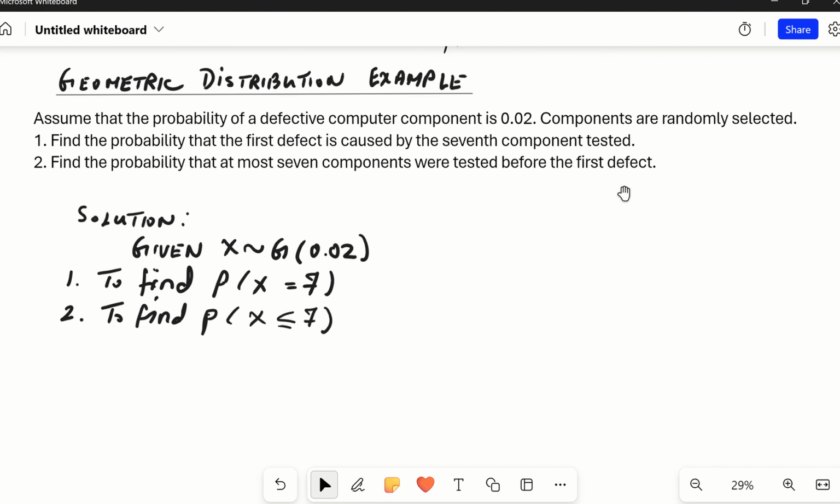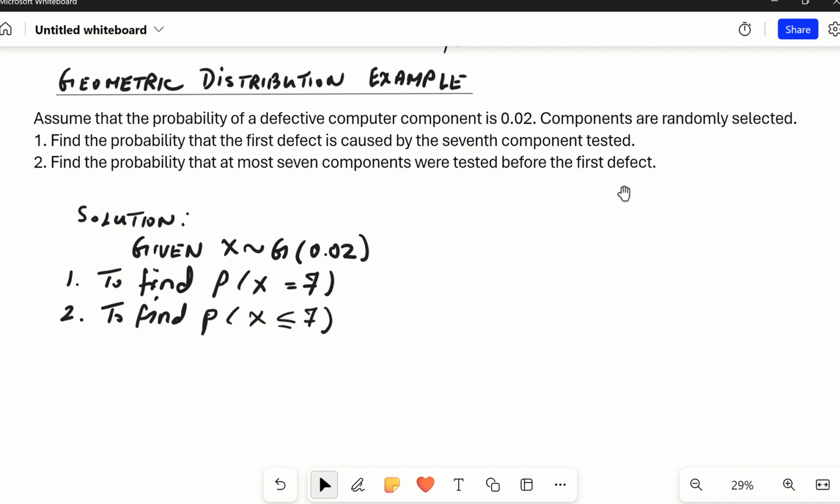Now let's take a look at an example to follow on the calculator. We have this example from OpenStax's textbook. Assume that the probability of a defective computer component is 0.02. Components are randomly selected. Find the probability that the first defect is caused by the 7th component, and then find the probability that at most 7 components were tested before the first defect.